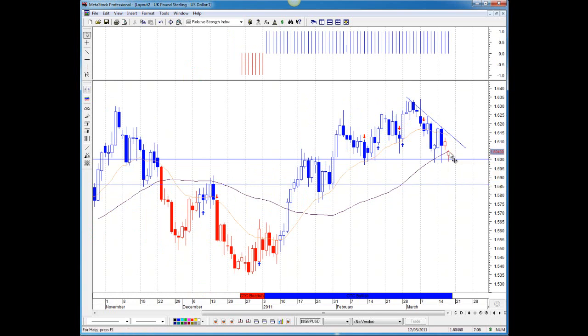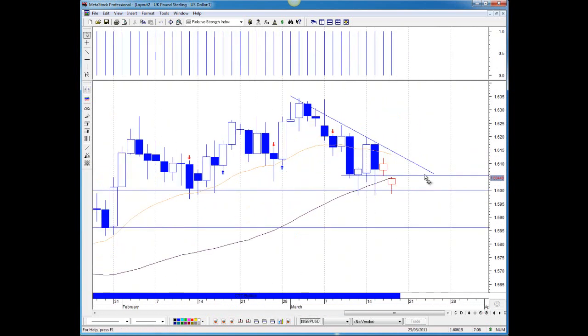You can see price is testing the underside of the 50 period moving average, which coincides with the prior swing area. See that? So this could be breakout, pullback, continuation. Failure to break higher than this line here would see price revert to the downside during the course of today.